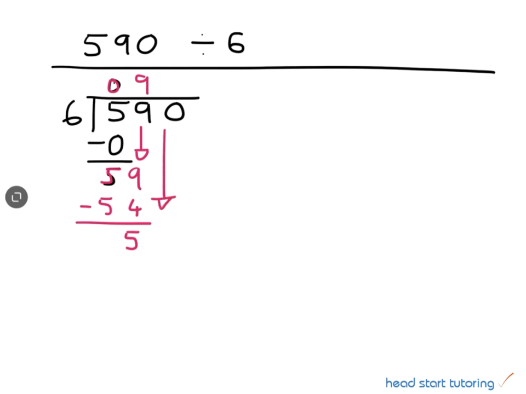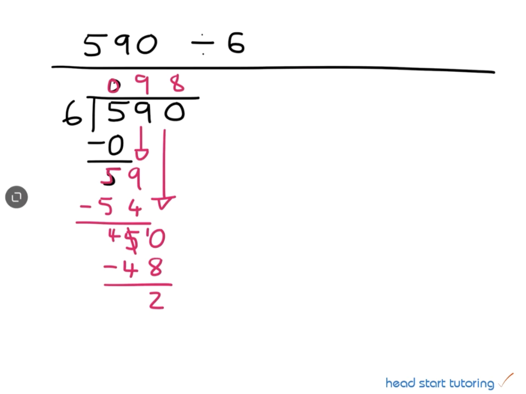And we bring down our next number, which is 0. 6 into 50 fits 8 times. 8 times 6 is 48. And 50 minus 48 is 2. We can see that we've got nothing else to bring down.